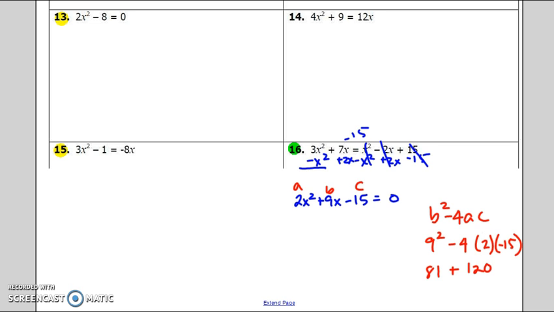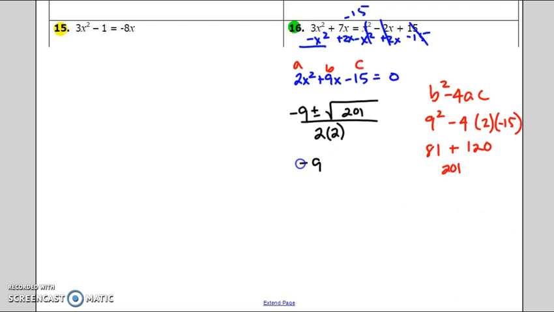So 120. So when we add 81 and 120, that's going to give us 201. That's what's going to go underneath our radical. So negative b plus or minus the square root of 201 all over 2 times a, which is 2. So that's going to give us negative 9 plus or minus the square root of 201 all over 4.